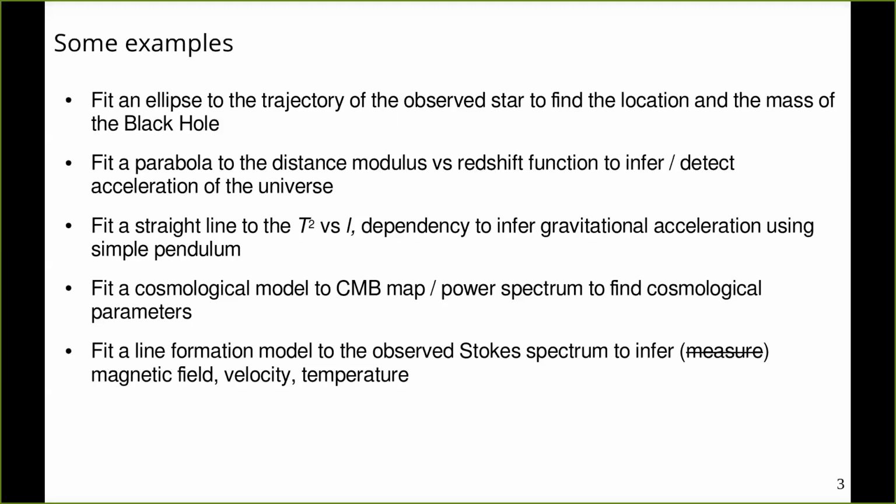So the sentence always looks like this. We fit some mathematical expression to the observed data, right? And this mathematical expression usually has to result from some physics. It has to have justification, right?